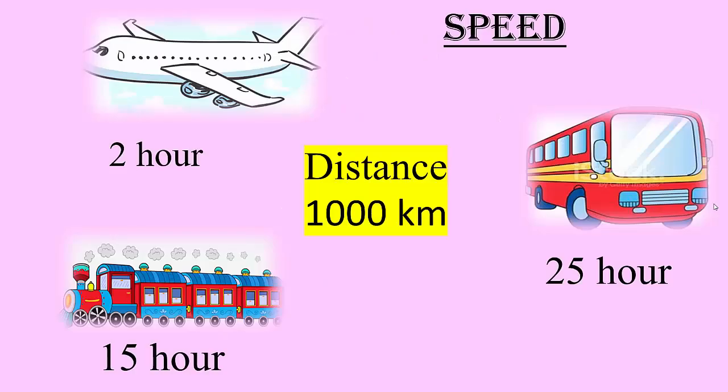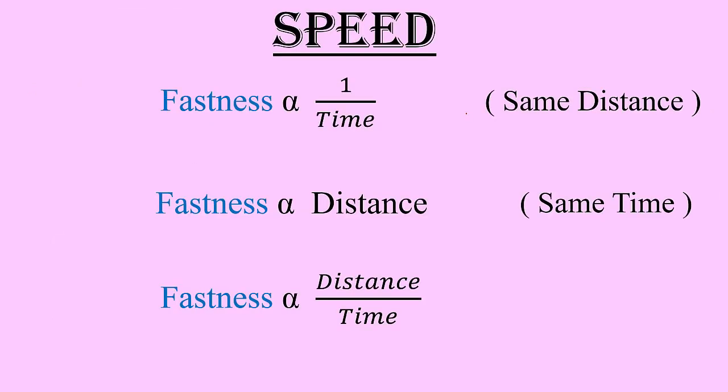For example, you can observe this plane. Here this plane takes 2 hours. That means it is moving very fast. So fastness and time are inversely proportional. That means when time is very less, then fastness will be greater.